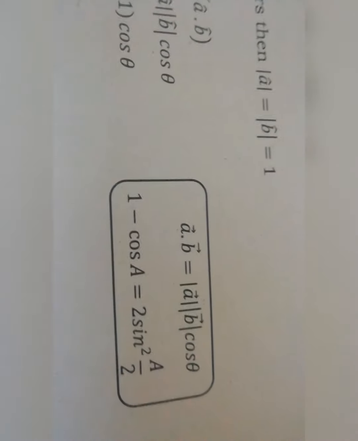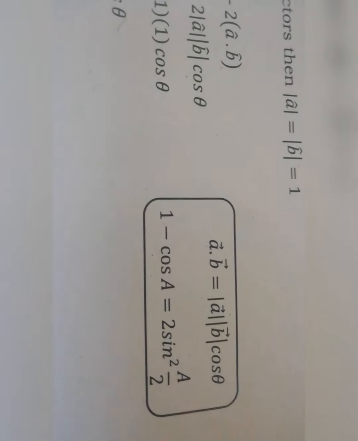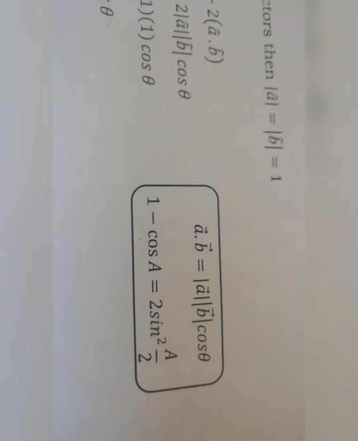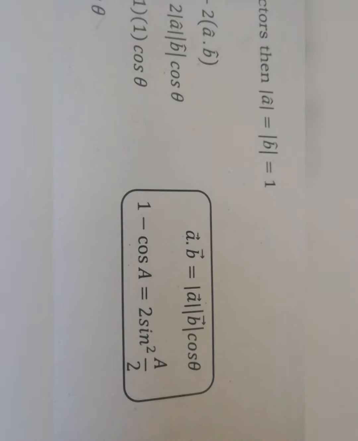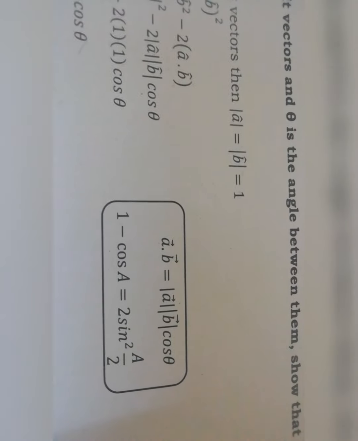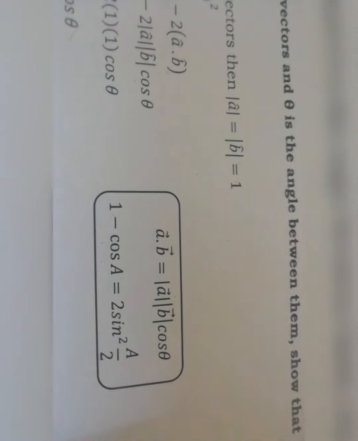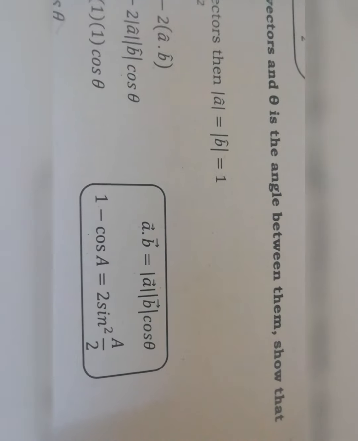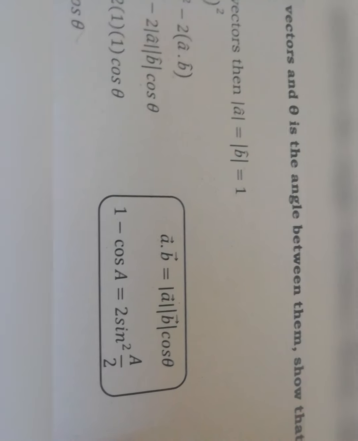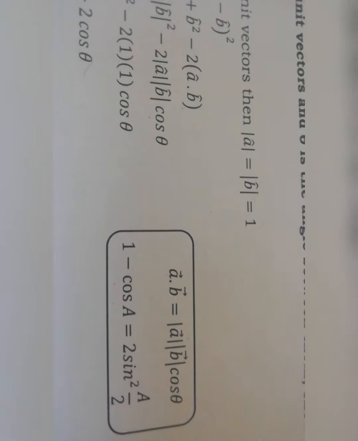Plus means cos square, minus means sin square. Do you understand or not? They only differ in plus or minus. 1 minus cos A equals 2 sin square A by 2, and 1 plus cos A equals 2 cos square A by 2.